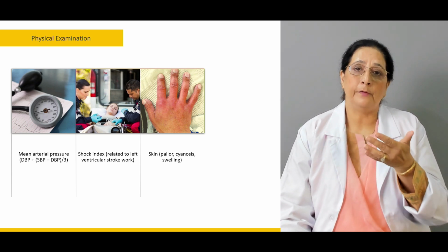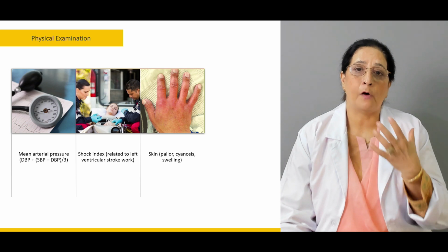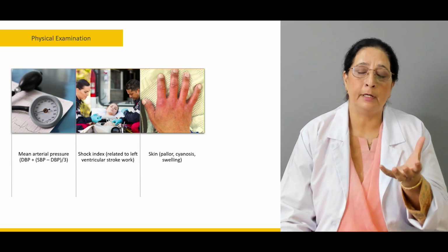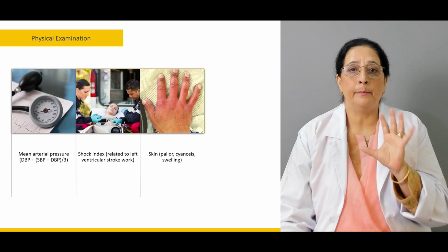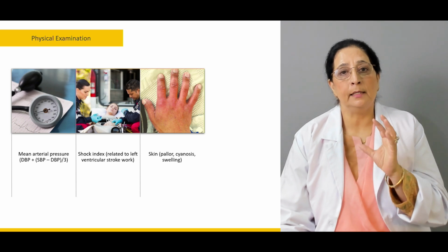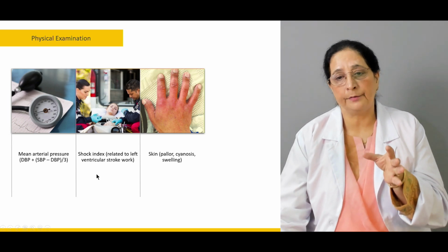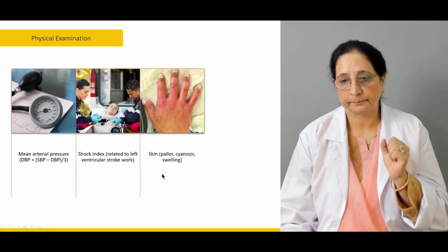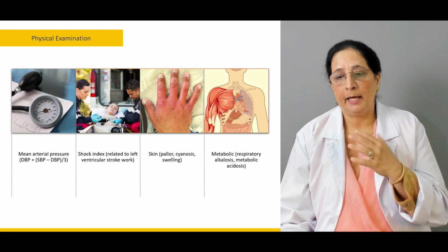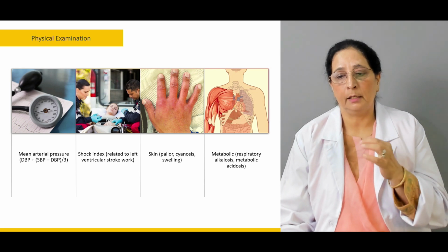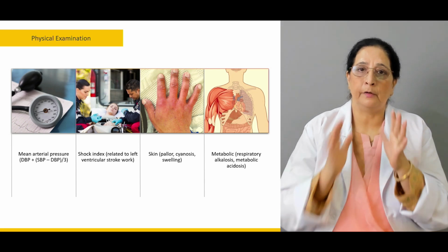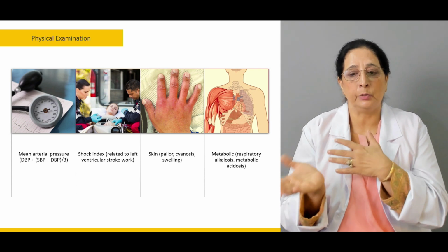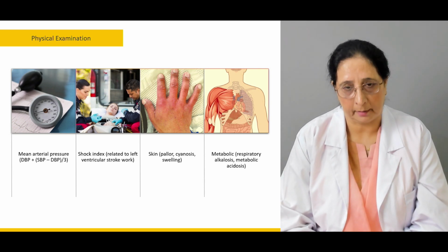Because of the poor supply of oxygen and poor delivery of blood, there might be pallor of the skin, bluish discoloration of the skin, and swelling or edema. And then we have metabolic and respiratory alkalosis or acidosis, which can also occur.